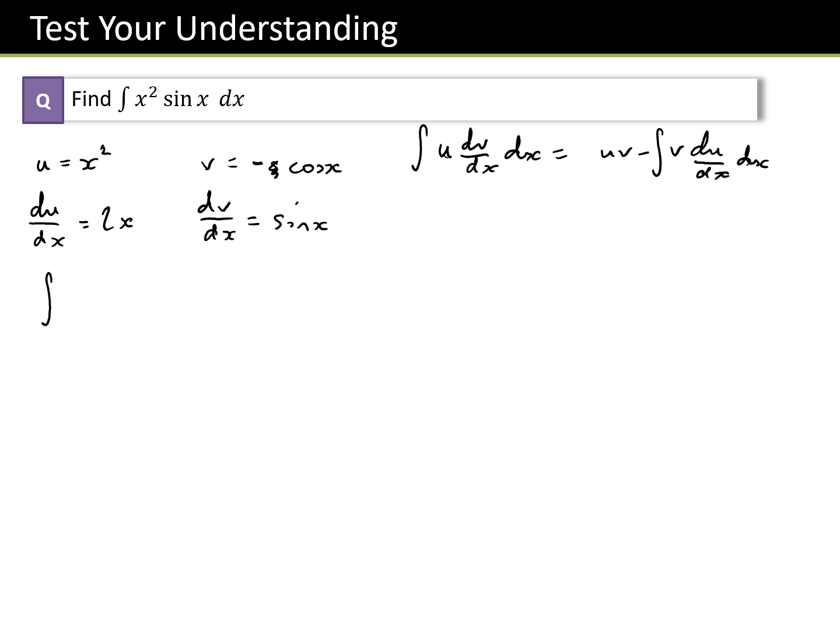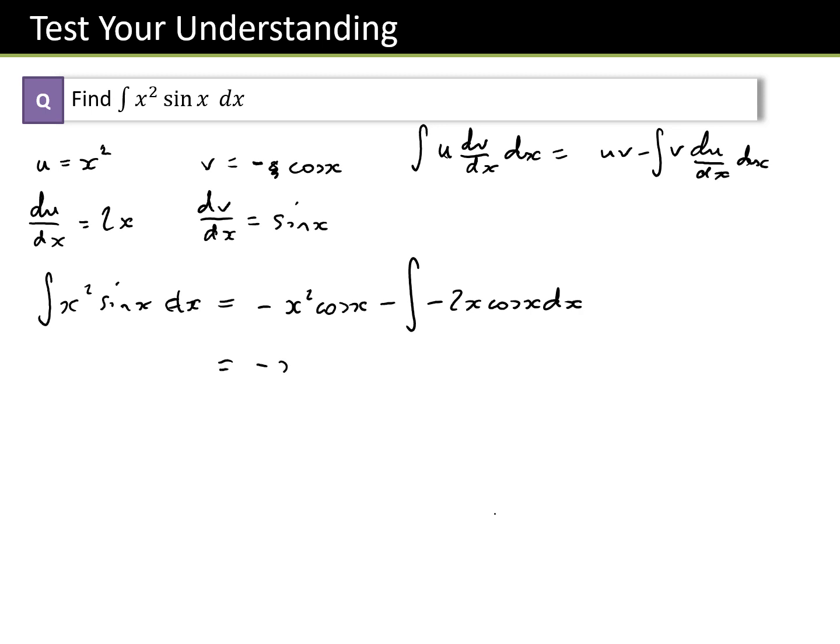du dx is 2x. So the integral of x squared sine x dx equals uv, so minus x squared cos x, and then we need to minus the integral of v du dx. So v du dx is going to be minus 2x cos x dx.